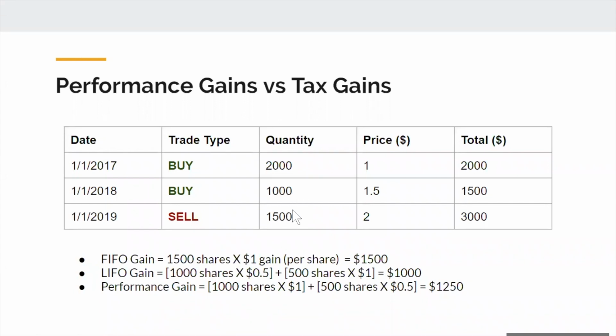So we'd sell all of the 1,000 shares for a 50-cent gain, and then we'd allocate the remaining 500 shares out of the original buy for a $1 gain, and would work out that our gain now was $1,000, not $1,500 as we did in the FIFO method. And that's fine, and it's good, and that's what we need to do for tax reporting purposes.